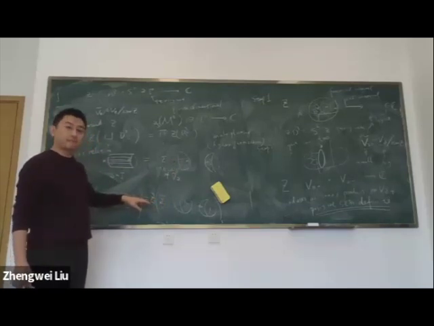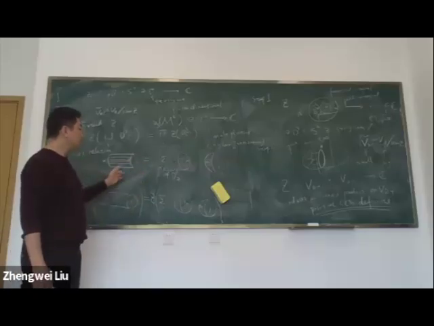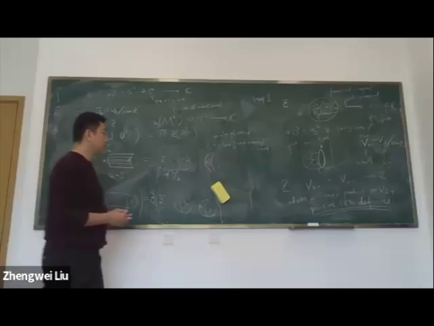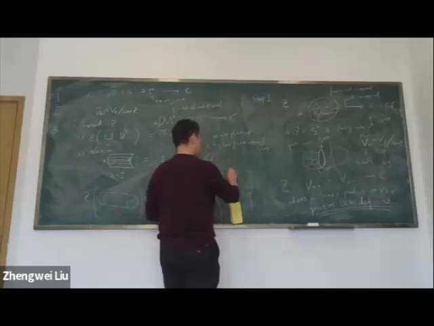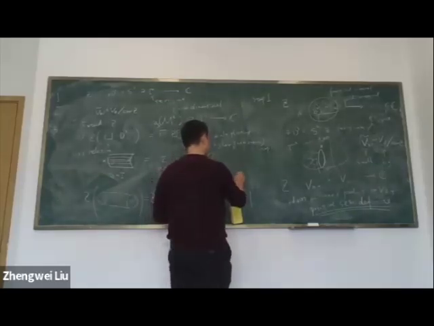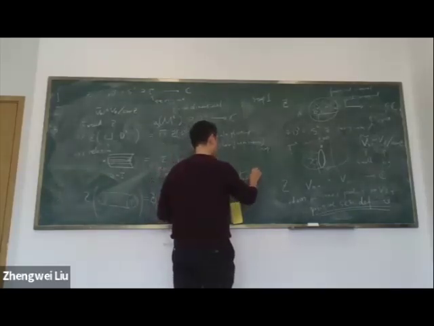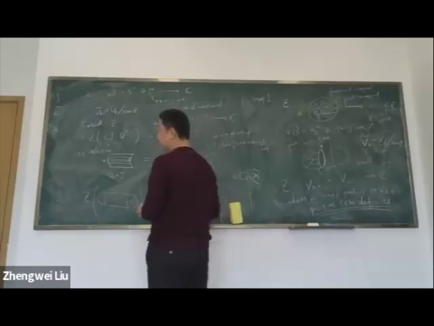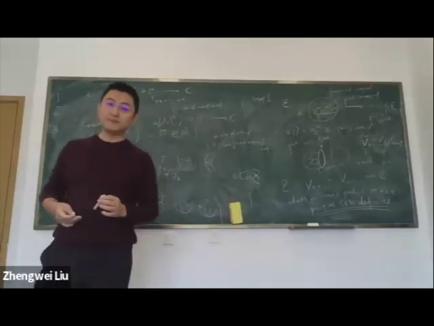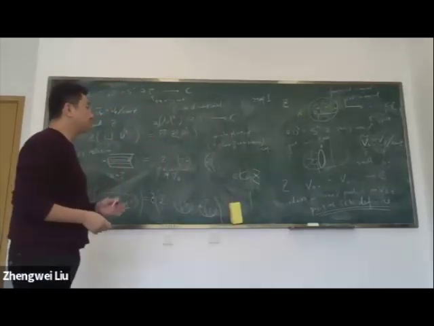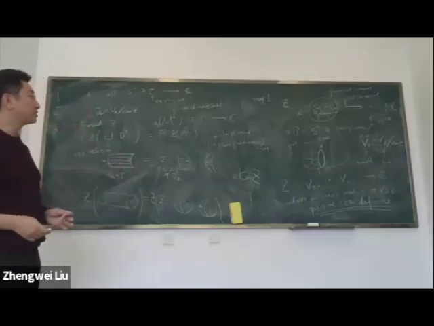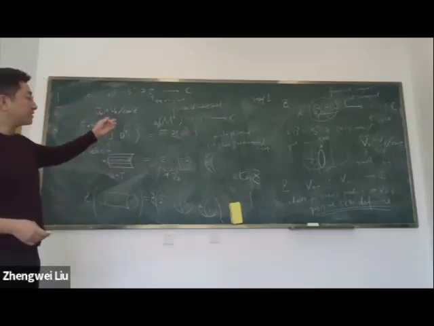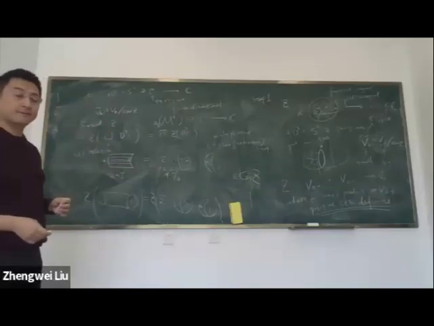So this becomes a local move. This is in the kernel of the partition function after we extend that linearly. So we can use this move when we compute the partition function of multiple balls.